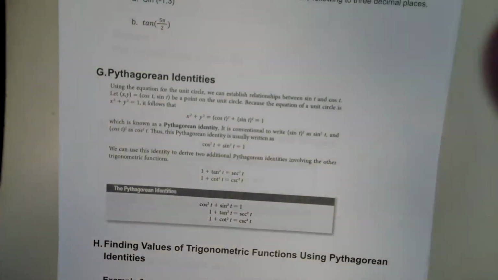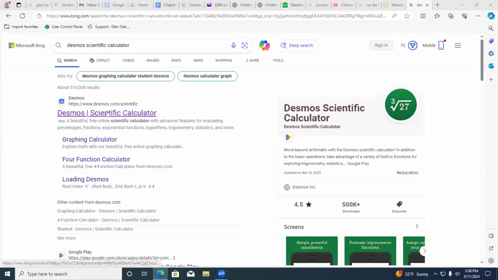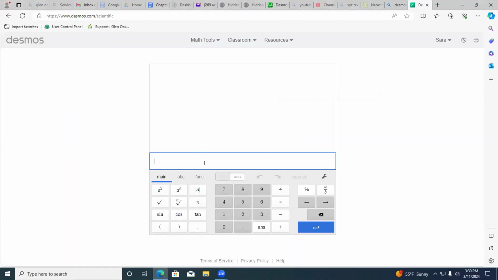Letter F, example 5 says, use a calculator to approximate each of the following to 3 decimal places. And you're definitely going to want to go to a Desmos scientific calculator. So I would pull up my scientific calculator here. Then you can just click on sine and make sure you check if you're in degrees or radians.